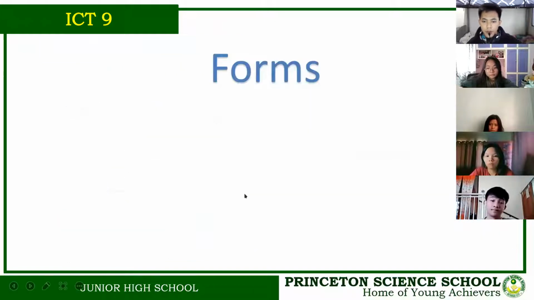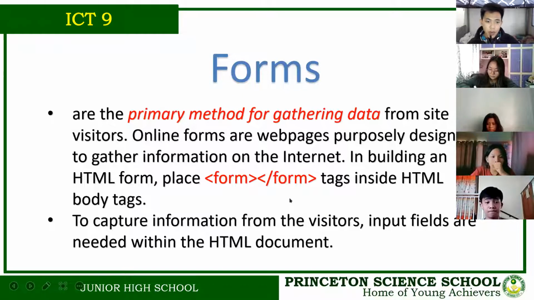So starting off, we have forms. What are forms? Forms are the primary method for gathering data from site visitors. Online forms are web pages purposely designed to gather information on the internet.